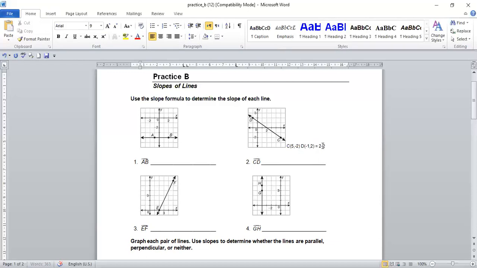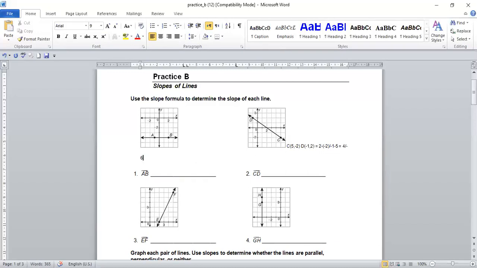Okay, so it's going to be 2 minus -2, which is in fact going to be 4 because minus into minus will give you plus. So 2 plus 2 is 4, divided by -1 minus 5. So -1 minus 5 is going to give you -6, which will result in the answer being 4 over -6.